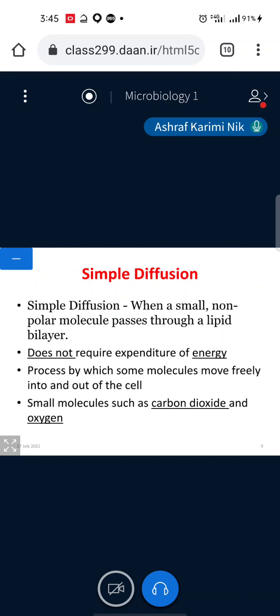Some molecules such as oxygen and carbon dioxide can diffuse by simple transport.